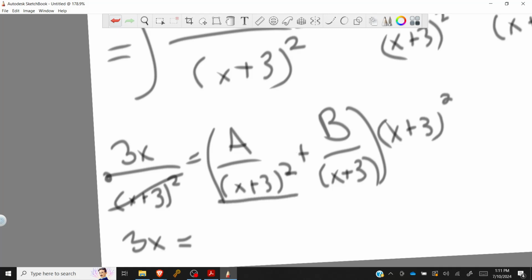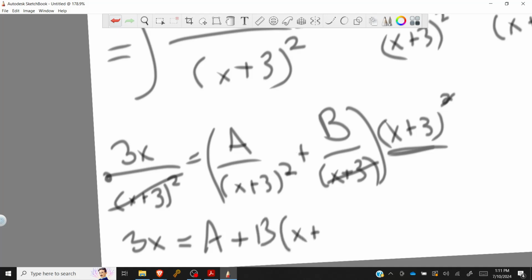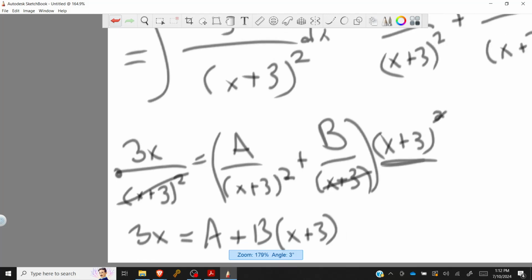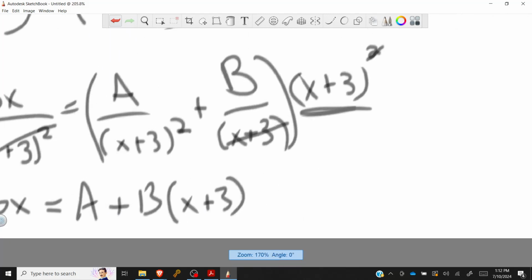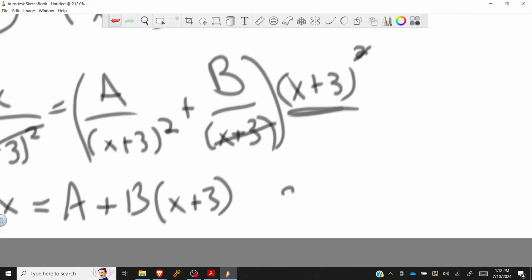So this is going to cancel out with this, and we'll be left with a. This is going to cancel out once, and then we're left with b times x plus 3. So now I'm going to multiply this out, and we're going to be left with bx plus 3b plus a.